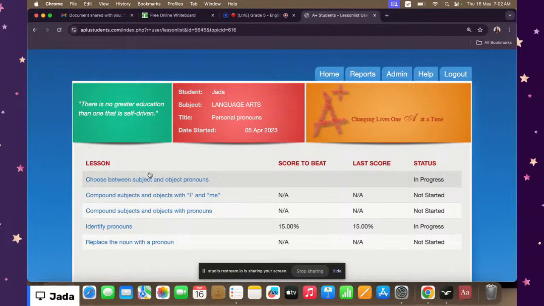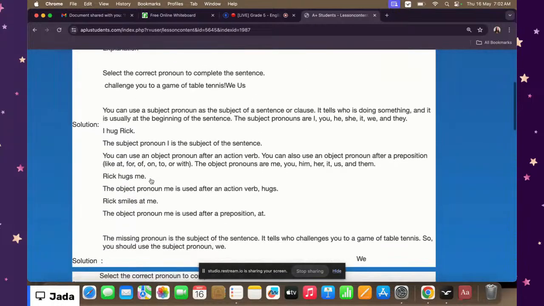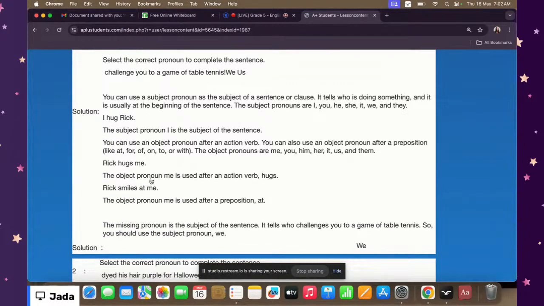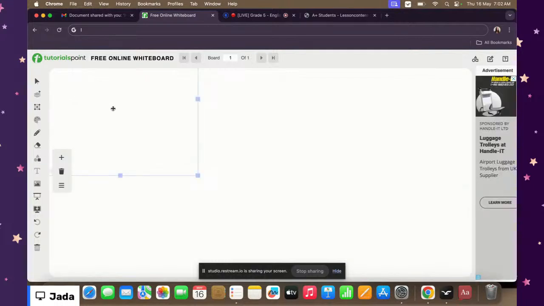So this is the first lesson we will have. So let's go through the explanation now. You can use a subject pronoun as the subject of a sentence or clause. So let's write some things here.